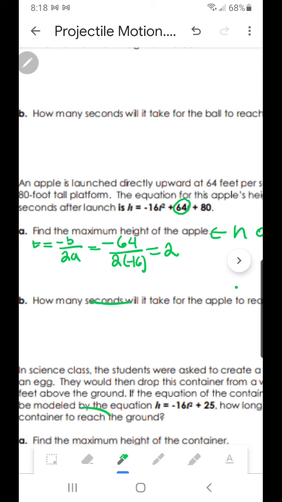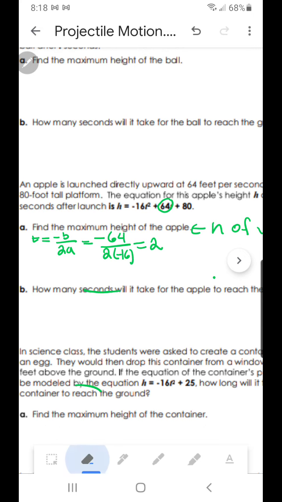But they don't want to know how many seconds it takes to reach its maximum height. They actually want to know what is the height. So all we have to do is take that 2 and plug it into my equation wherever I see a t. So my h is equal to negative 16 times 2 squared, plus 64 times 2 plus 80.